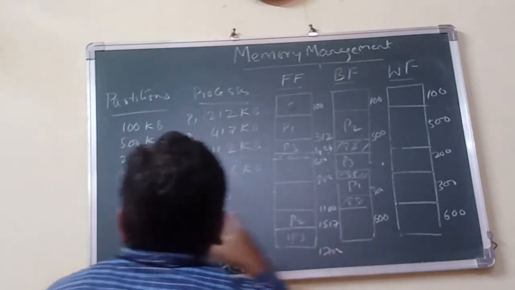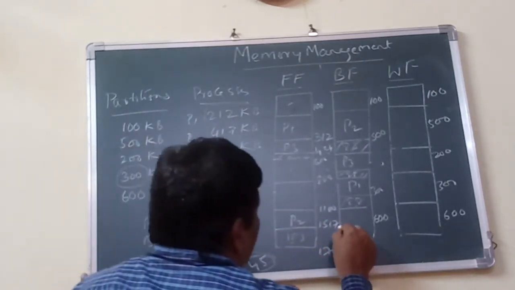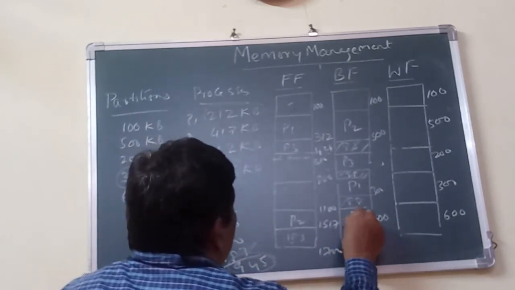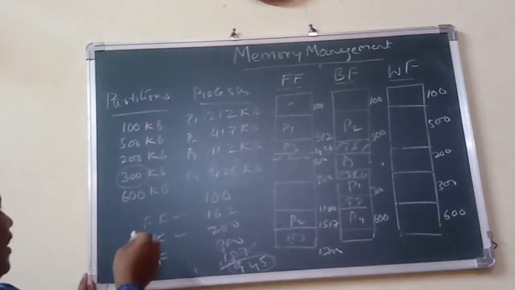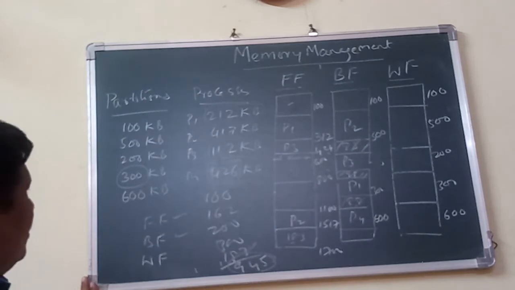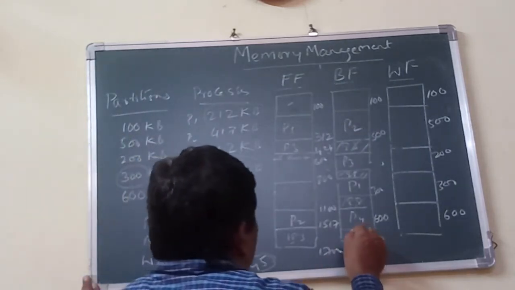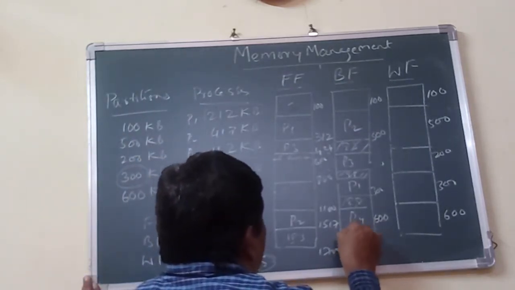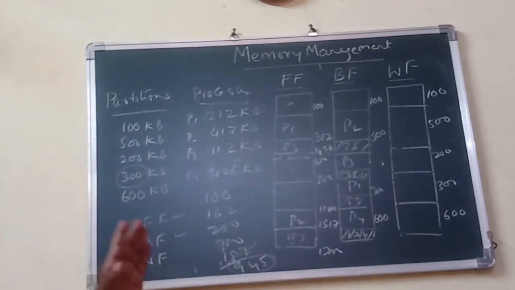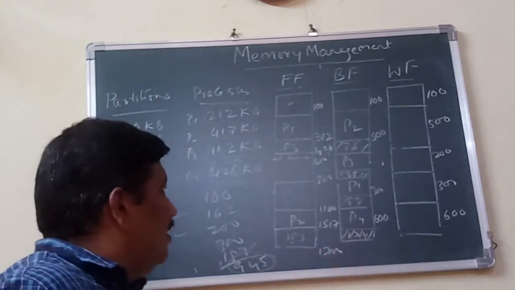So for 426, the best partition is 600. So this is P4. Out of 600, 426 is occupied by P4. What is the remaining? I think it is 174. So 174 kilobytes of memory is wasted here.